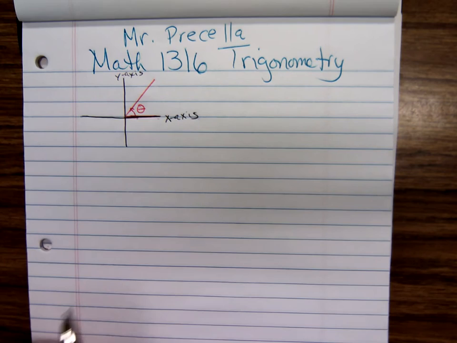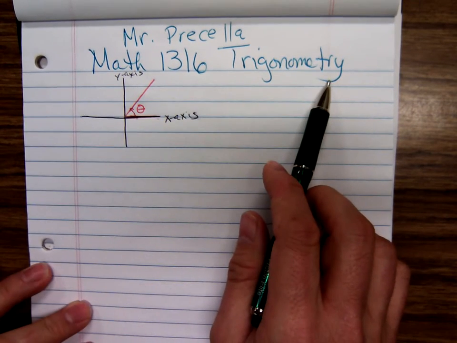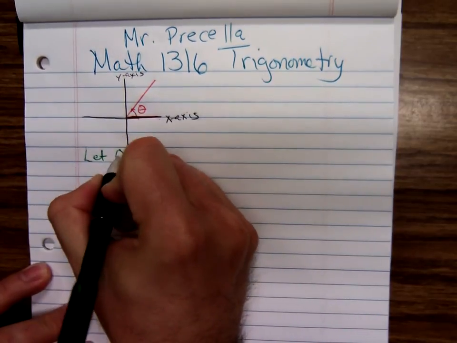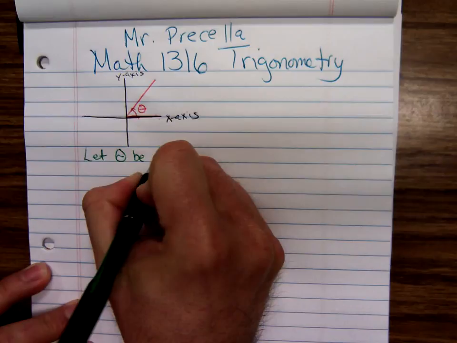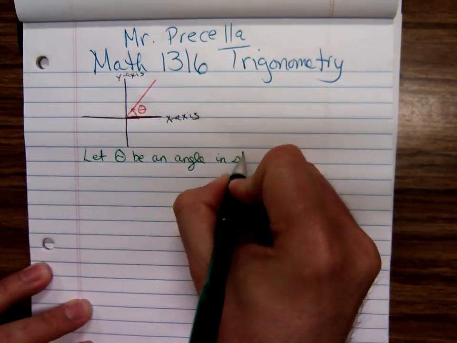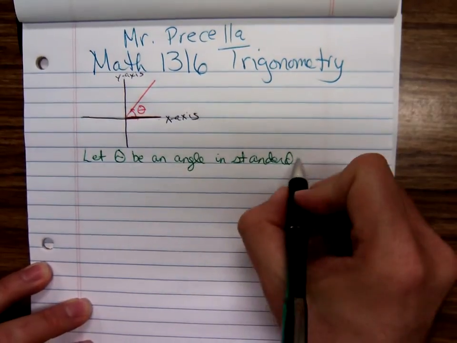What we're going to be doing is defining 6 trigonometric functions. And the way we'll do this is we'll say let theta be an angle in standard position, like my picture there.